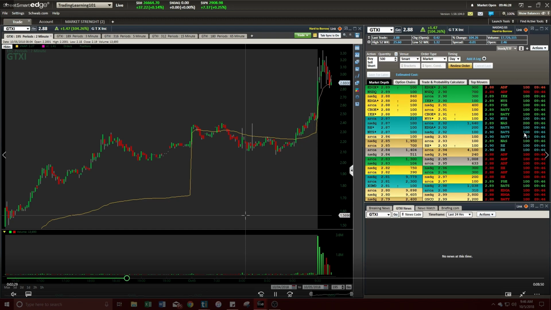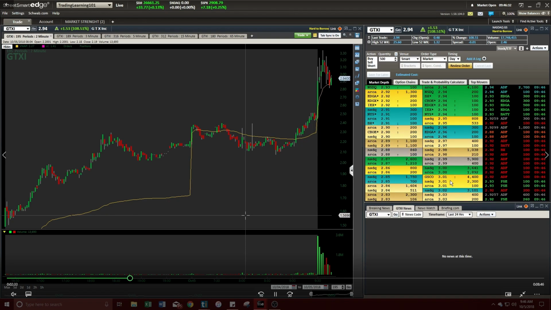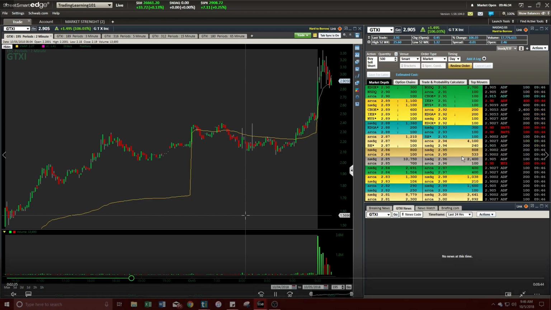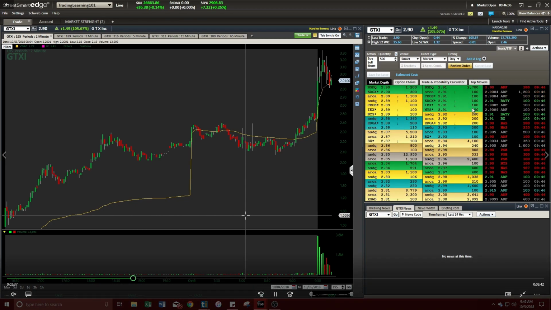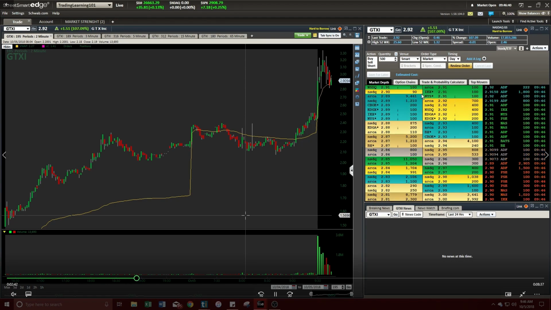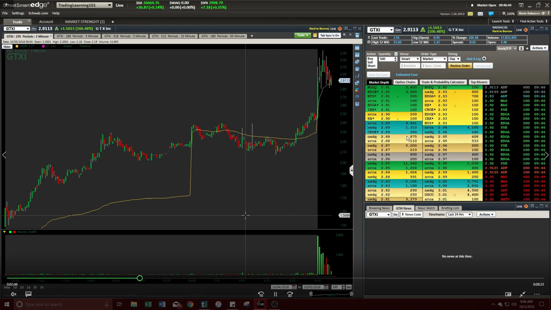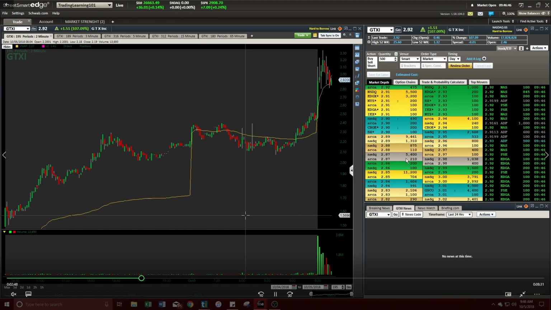Big selling still on the sales here. Buying is getting eaten up though on the ask. So the only thing I'm waiting for now is for it to stabilize here on the bid. And it's just getting demolished. We were just at 9,000 shares.